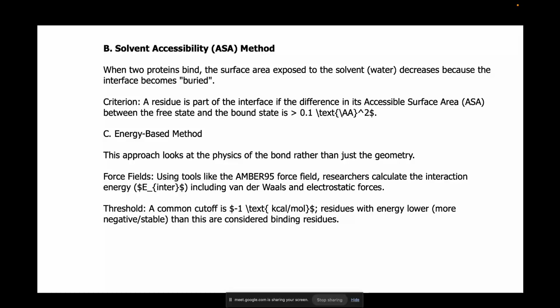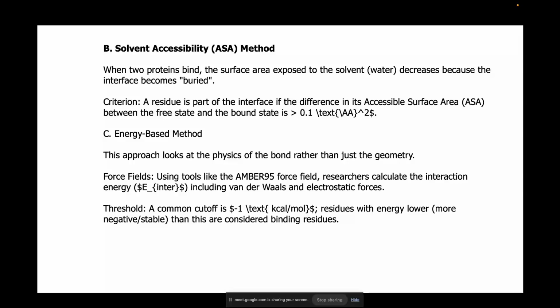And there is another, energy-based method. Unlike the solvent-based method, the energy-based method looks at the physics of the bond rather than just the geometry, and it looks at force fields arising from different types of bonds, including van der Waals forces, hydrogen bonds, and other things.